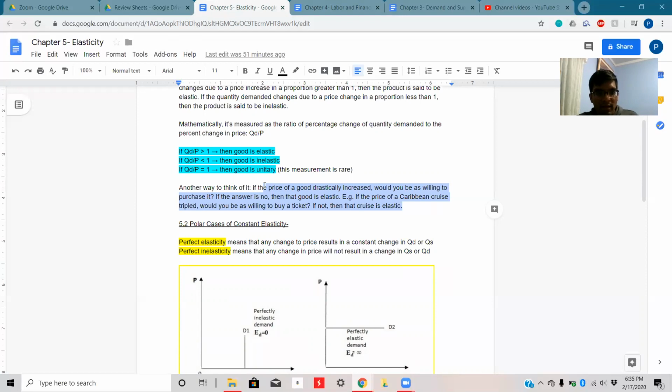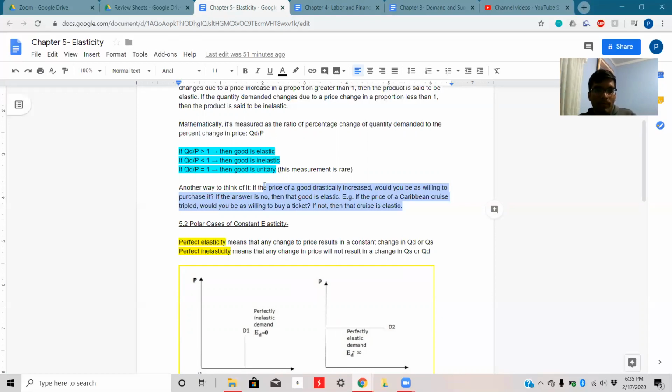If the answer is that you wouldn't be willing to buy the ticket, then the tickets are elastic, because you are sensitive to the price fluctuations. If the price really fluctuates, you might not be as willing to pay, so you just won't go anywhere this year.